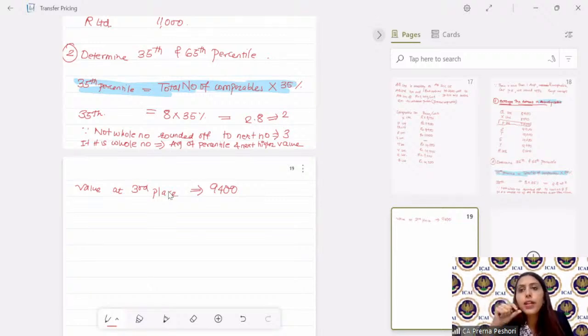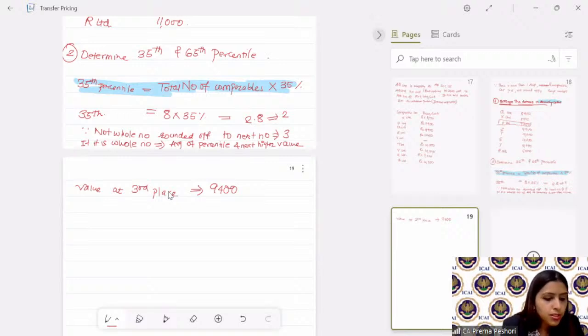So 2 plus 3 divided by 2; you will take the average. And if it is not a whole number, then you round it off to the next number. Are we clear? Okay. So the value at third place is 9,400.